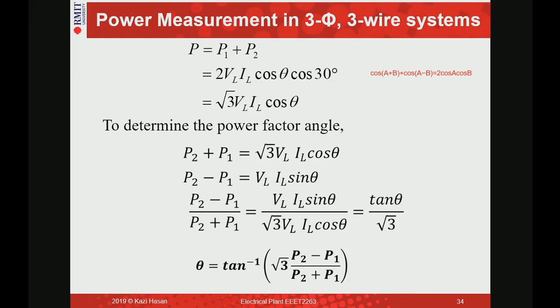First, if you are given 2 wattmeter readings, to obtain the total power you just add them together: total P is P1 plus P2. And the power factor angle is theta equals tan inverse root 3 (P2 minus P1) divided by (P2 plus P1). So if you only have the 2 readings of the wattmeters, you know the total power and you know the power factor.